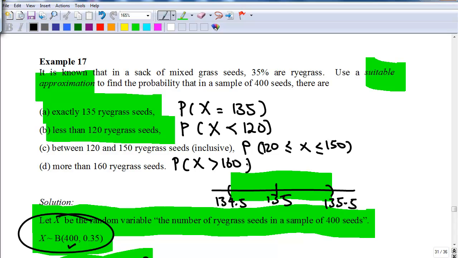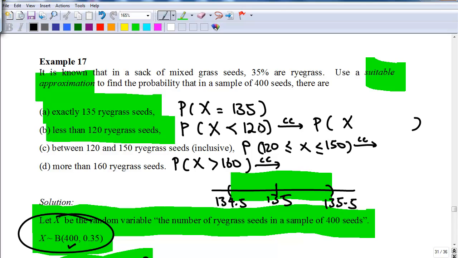So let's do the conversion first. I need to convert to intervals. I'm doing the continuity correction, so all of them have got to have their CC on top. Then for the first one, what is my interval going to be? I will ask myself, what is the number that I need?